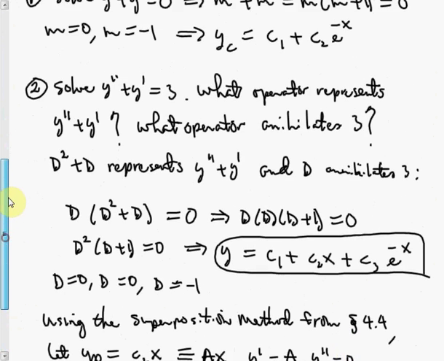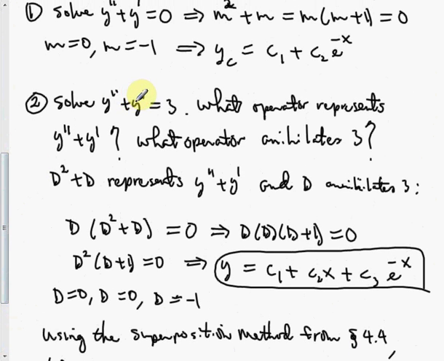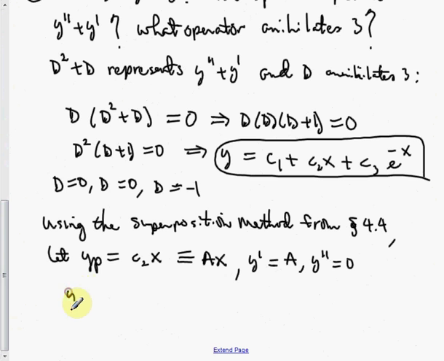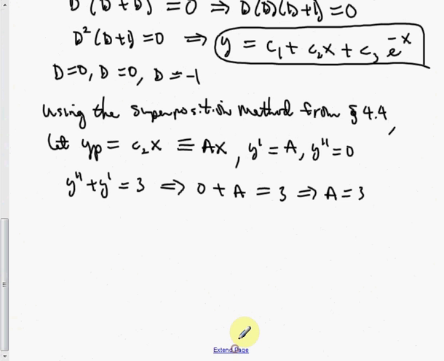So I take the original problem, which is y double prime plus y prime equal to 3. And this gives us y double prime is 0 plus y prime, that's a, that's equal to 3. That implies that a is equal to 3, but y sub p is a times x.